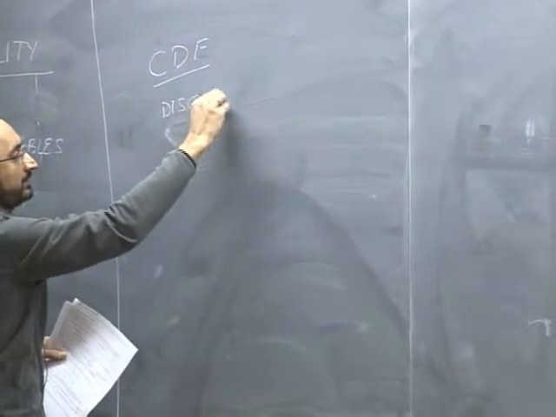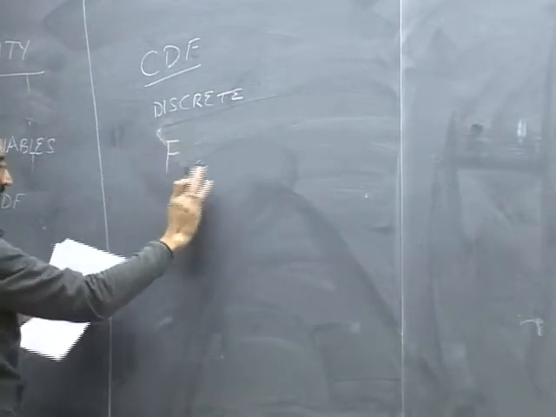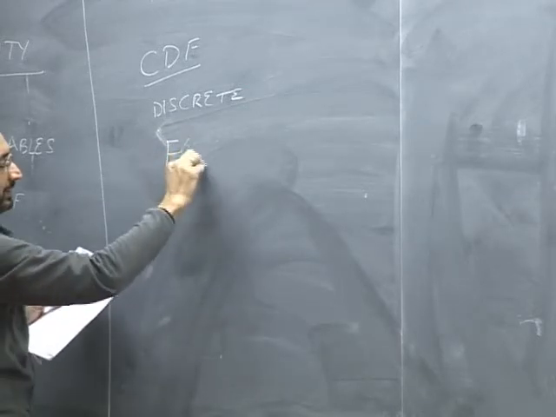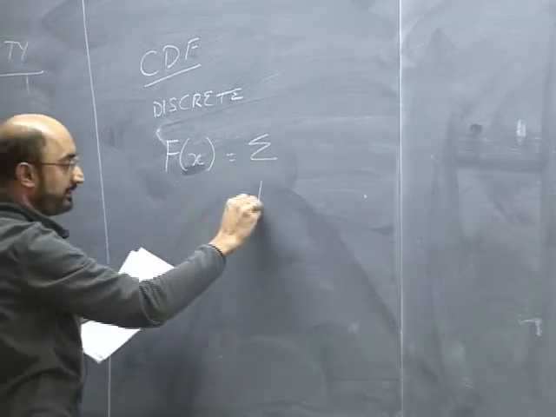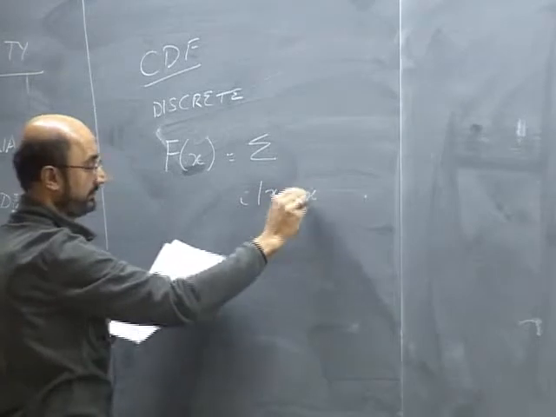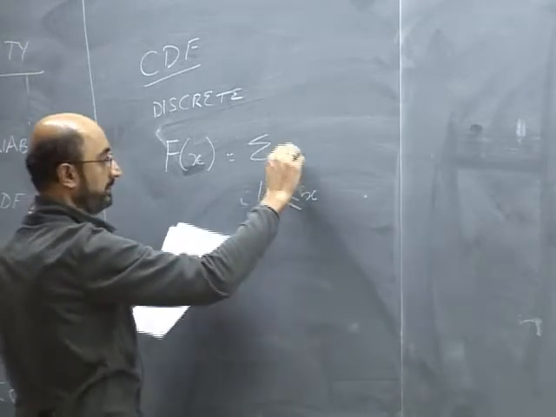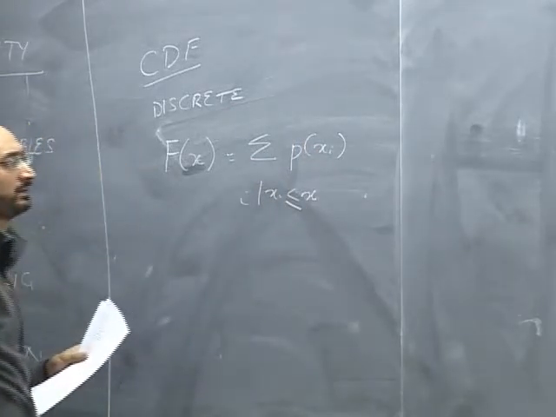In the discrete case, the CDF is defined to be capital F of any value x, given by the sum over i such that x sub i is less than or equal to x, of the probability of the value x sub i.